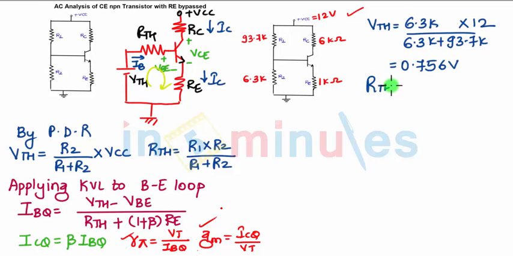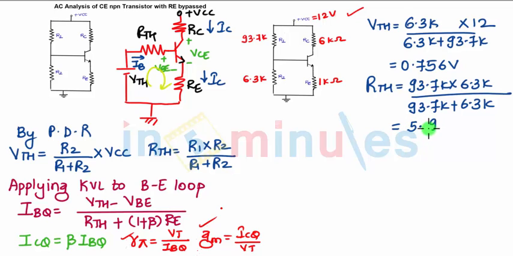So RTH will be 93.7 K into 6.3 K divided by 93.7 K plus 6.3 K. So this will give you RTH, which is 5.903 kilo ohms.